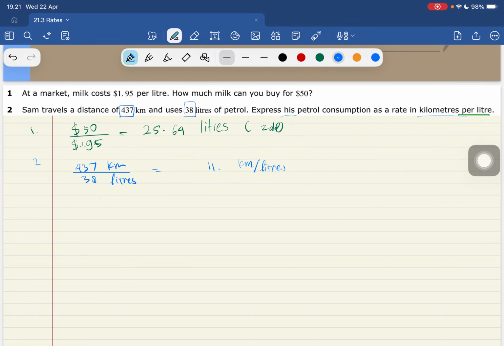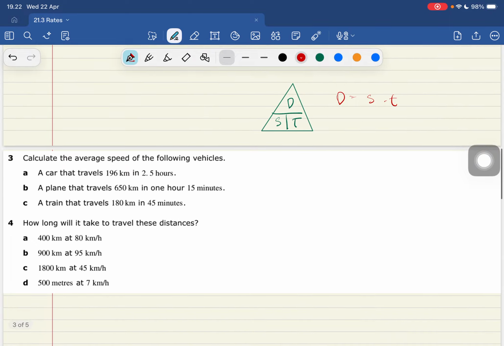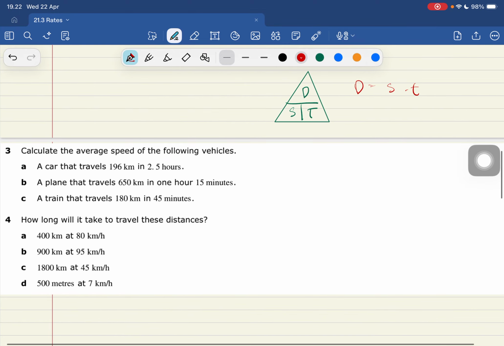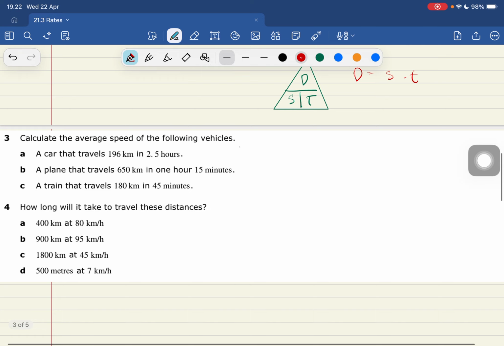To find the distance, we multiply speed with time. So for a car that travels 196 kilometers, the speed is 196 kilometers divided by 2.5 hours. So the unit is kilometers per hour. 196 divided by 2.5, we get 78.4 kilometers per hour.